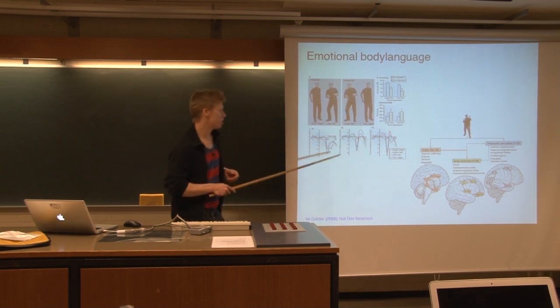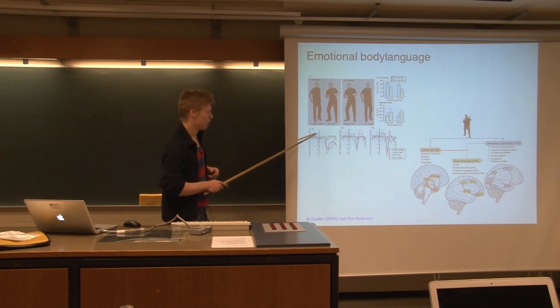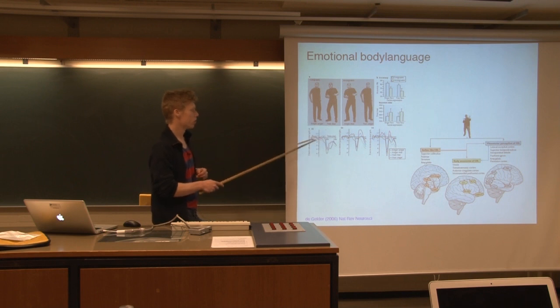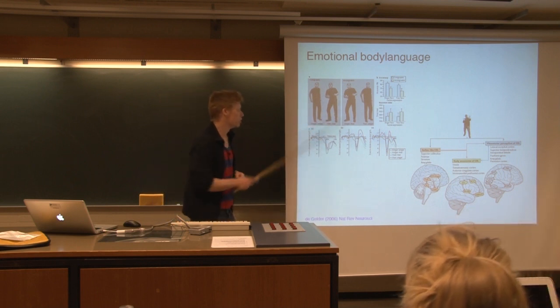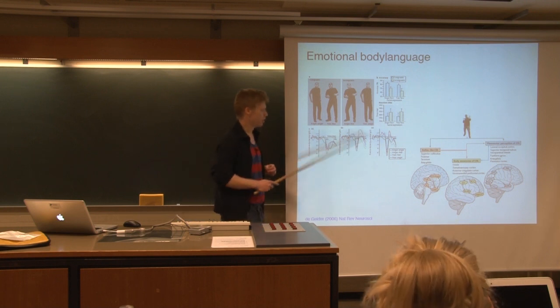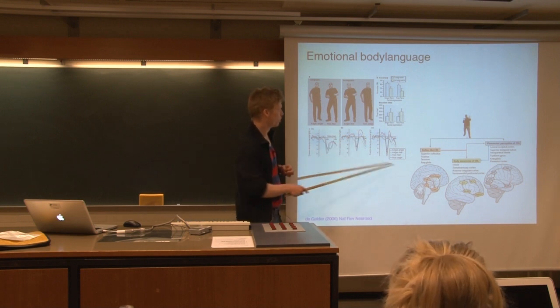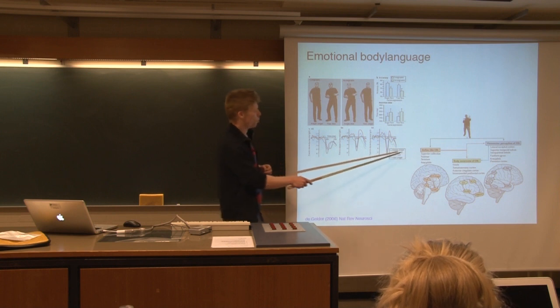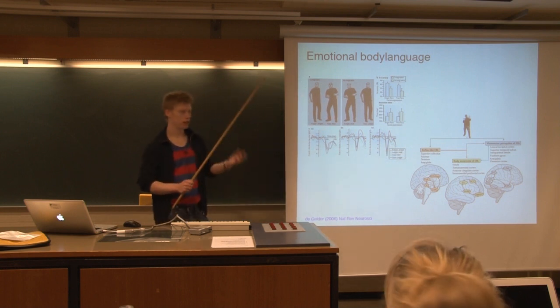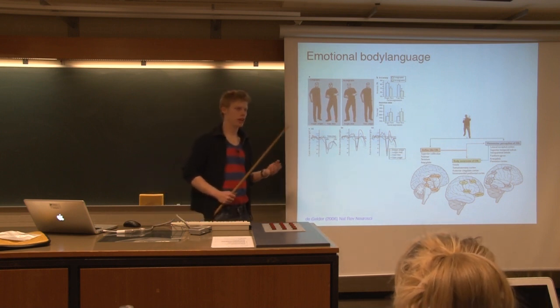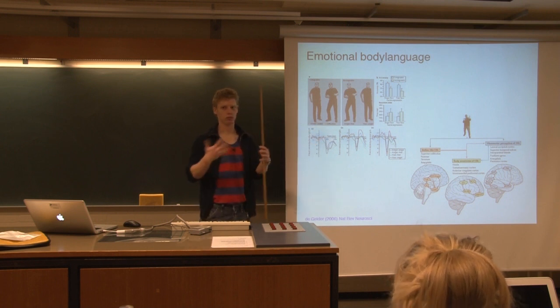And then, if you look at these EEG recordings, the responses to these images, you can see that there are higher responses when the emotional body language matches the facial language compared to when you mix them up.